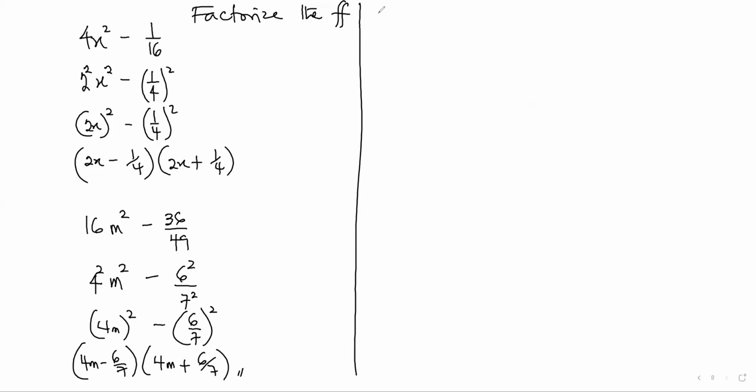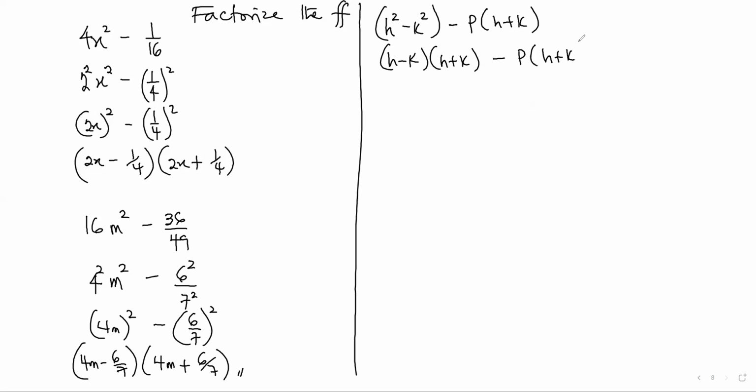Okay, let's take another question. If I have h squared minus k squared minus p into bracket h plus k, we need to understand that the first part is a difference of two squared, which is the same as (h minus k)(h plus k), then minus p into bracket h plus k.